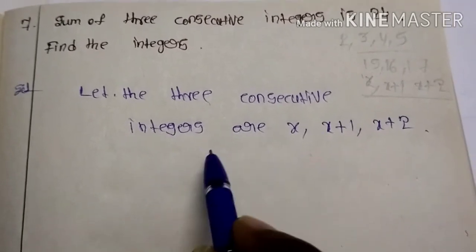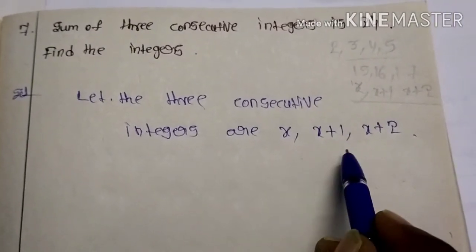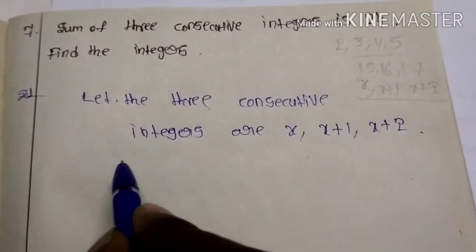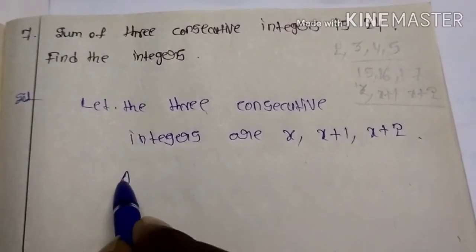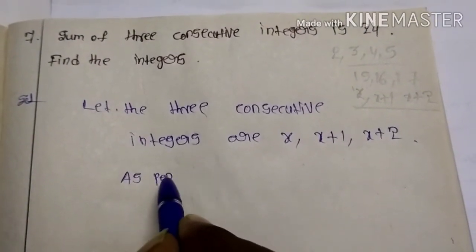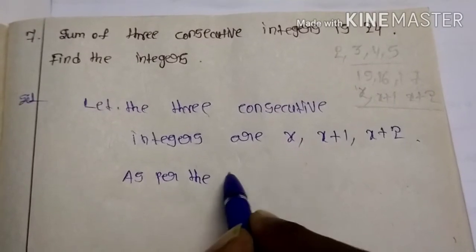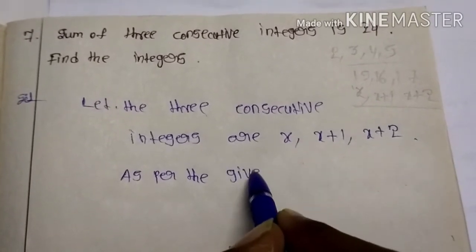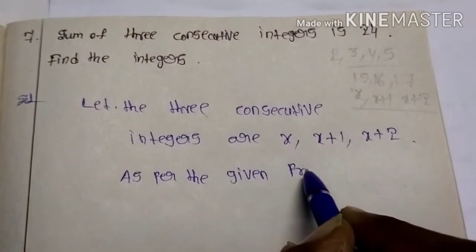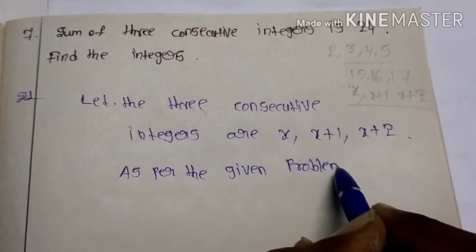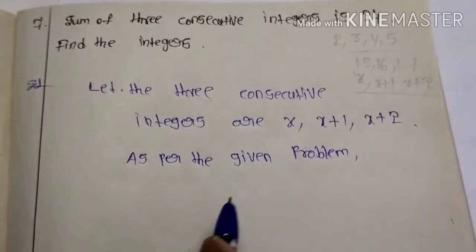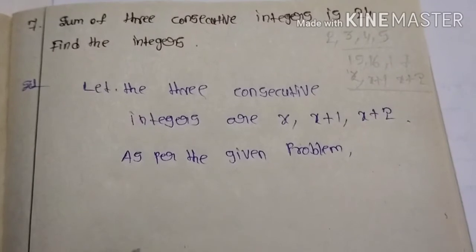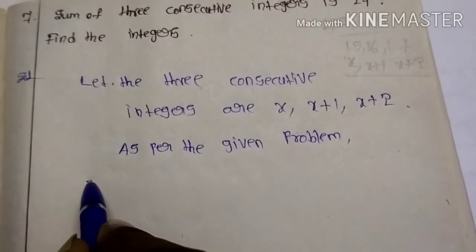See, let the 3 consecutive integers are x comma x plus 1 comma x plus 2. As per the question, as per the given problem, see what they have mentioned. Sum of 3 consecutive integers is how much? 24.